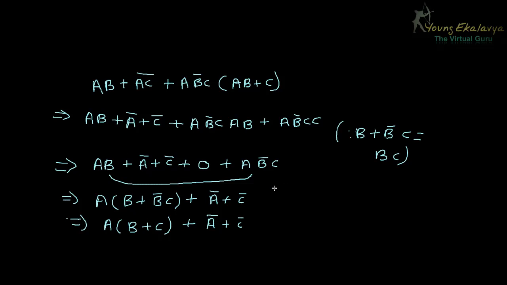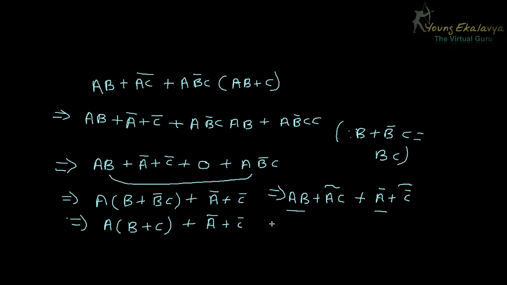I'll continue it here. So what does it result in? Now expand this one. It gives AB plus AC plus A bar plus C bar, right? Now see this, AB plus A bar. Take this as one term and this one as another.